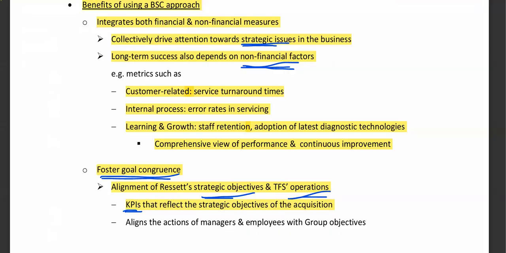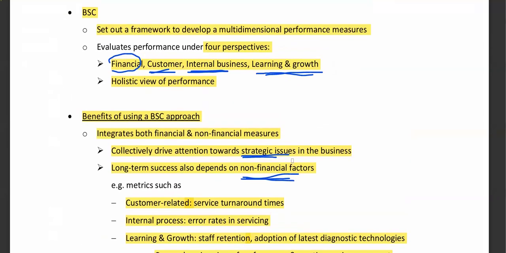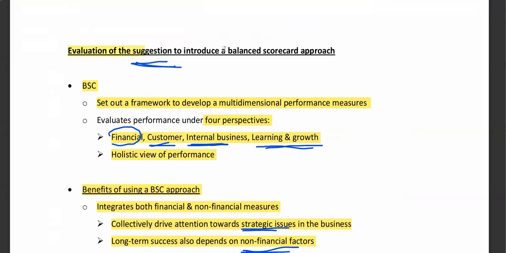That would align the actions, decisions, and behavior of managers and employees with the group objectives. So that's another reason why we can agree with the CEO's suggestion to introduce a balanced scorecard approach: goal congruence, because we don't want this new subsidiary to operate in isolation, but we want them to work along with us so that the group benefits.